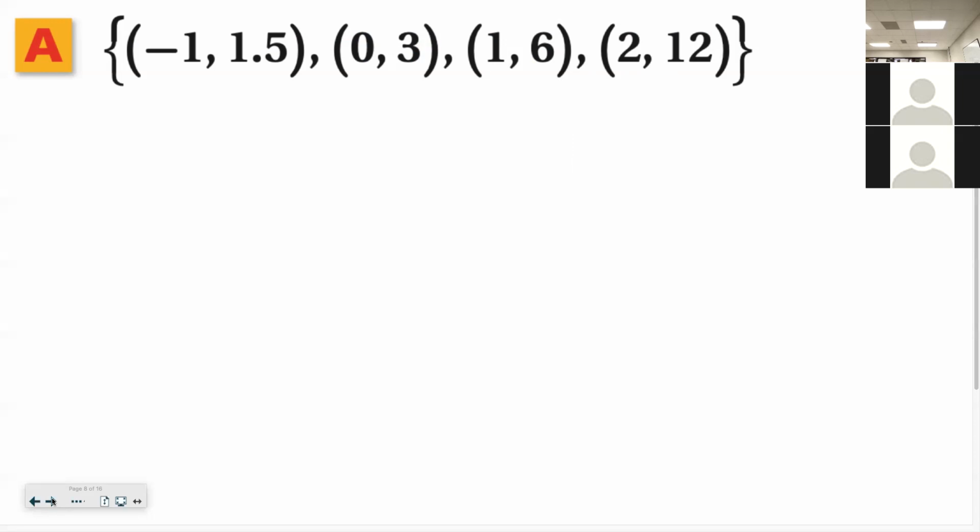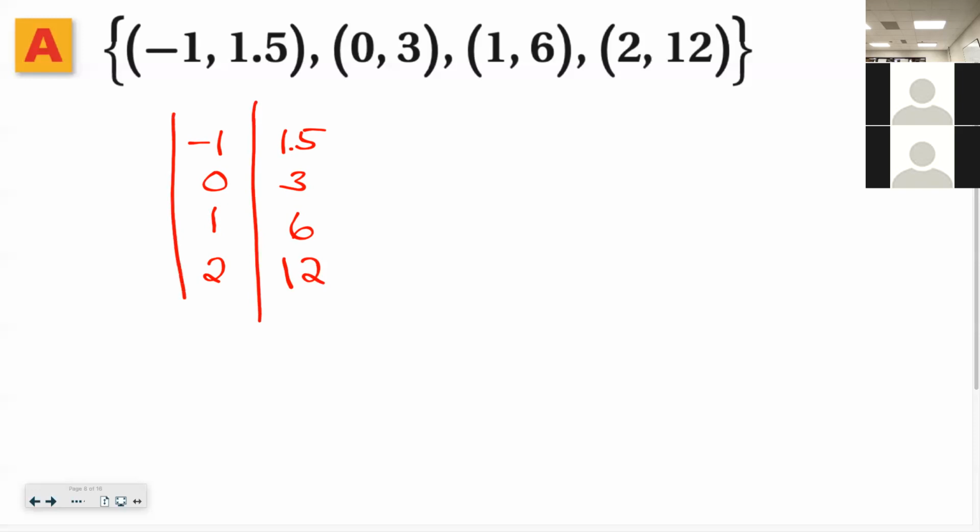So the first number will write on the left, second number on the right. I don't actually care if you make a table. There's nothing wrong with just writing the numbers. I'll do a table just so it looks better.